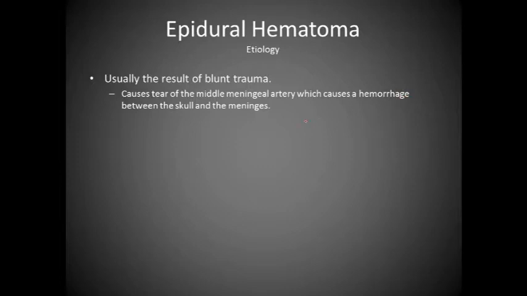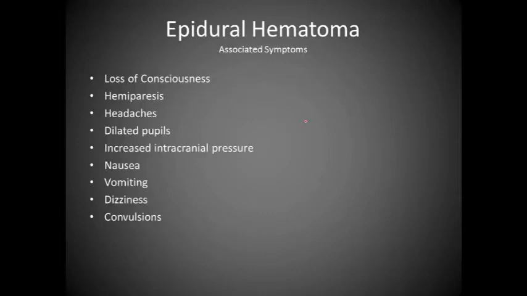And so you build up this blood supply, and as the heart continuously pumps, this epidural hematoma grows larger and larger. And it can be associated with a loss of consciousness, hemiparesis, headaches, dilated pupils, increased intracranial pressure, nausea, vomiting, dizziness, and convulsions.